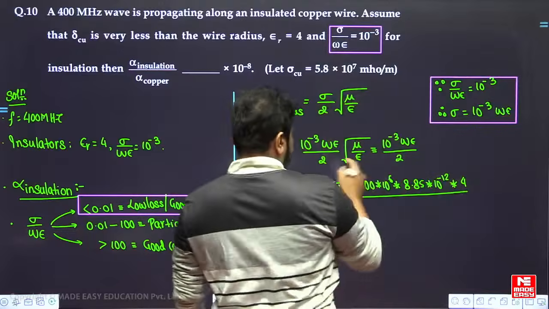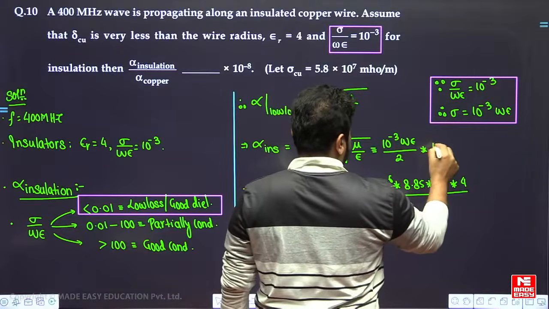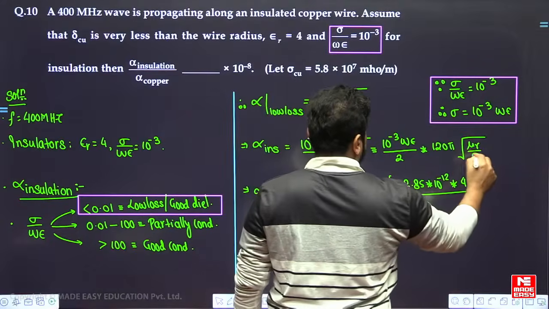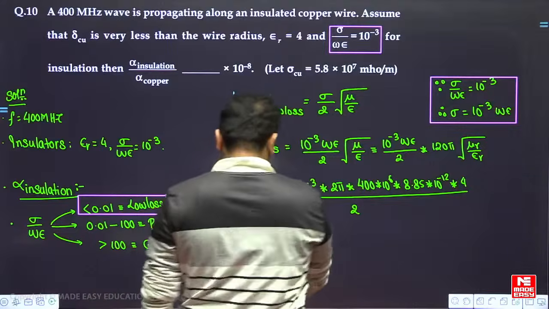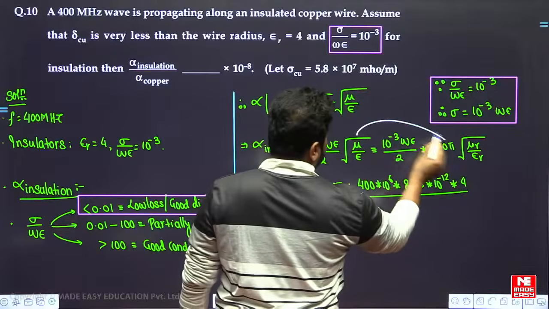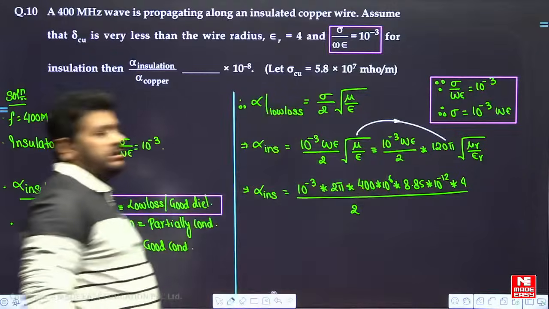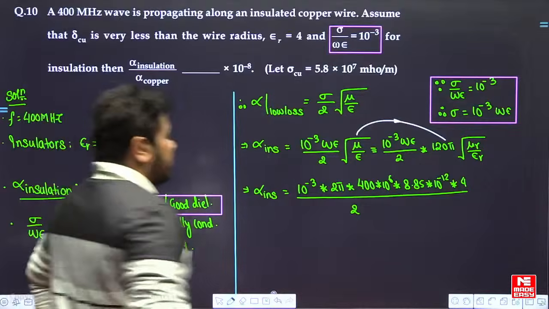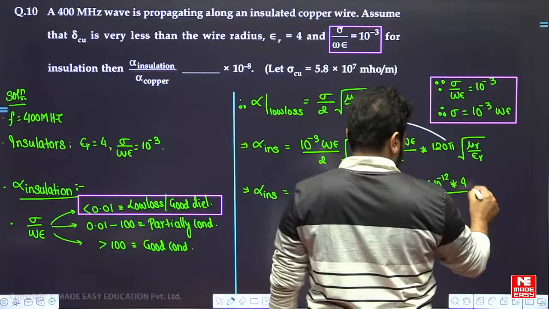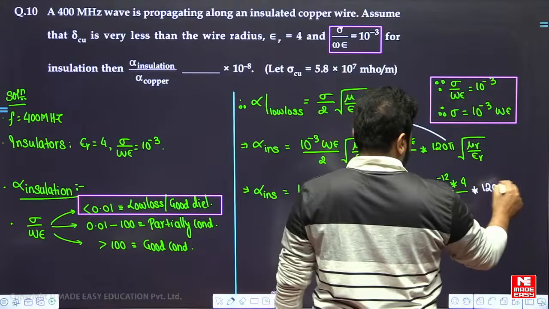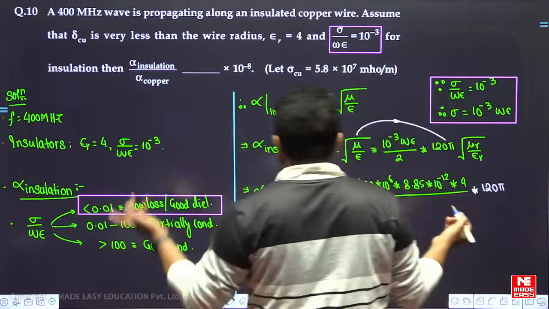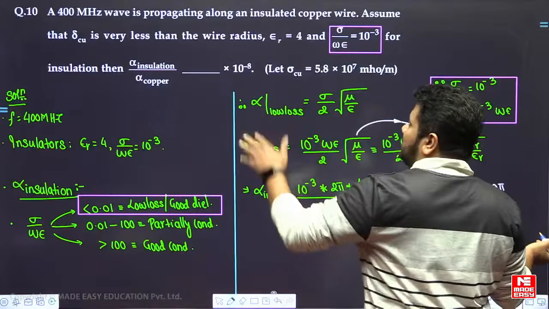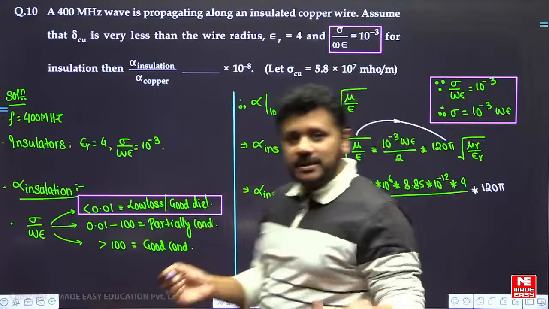This can be written as 120 pi root under mu r upon epsilon r. Can I write like this? So root under mu upon epsilon can be written as 120 pi root mu r upon epsilon r. Mu r we will take as non-magnetic, since nothing is given about mu r, so we take a non-magnetic medium.